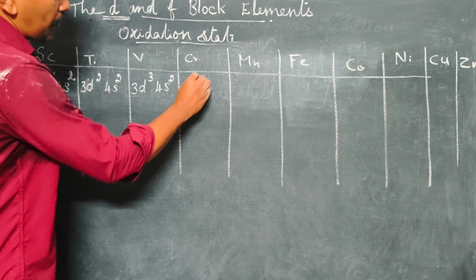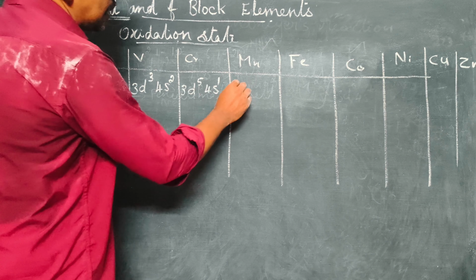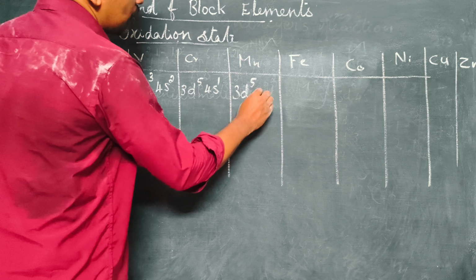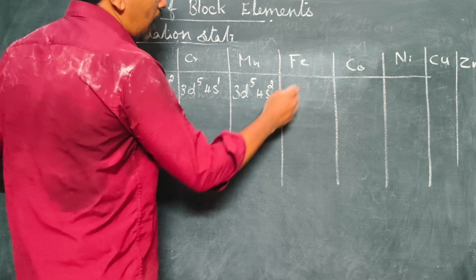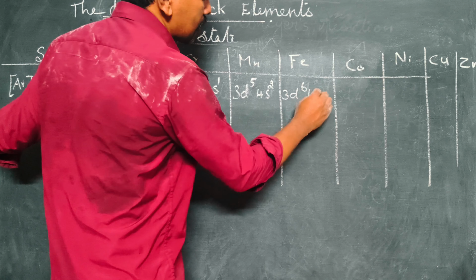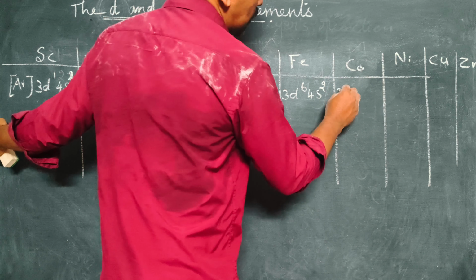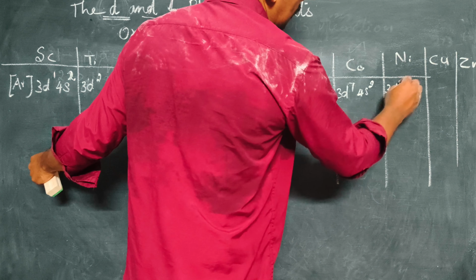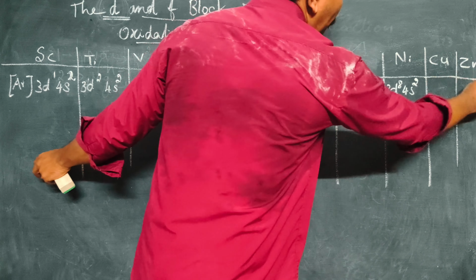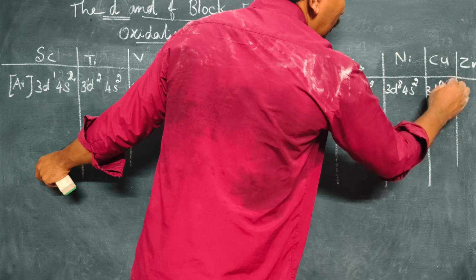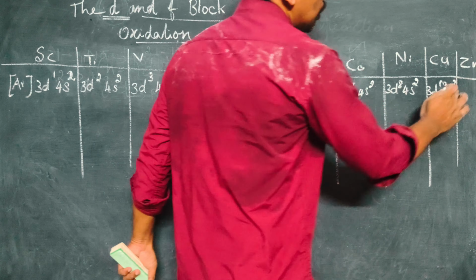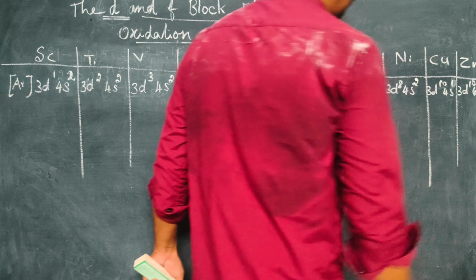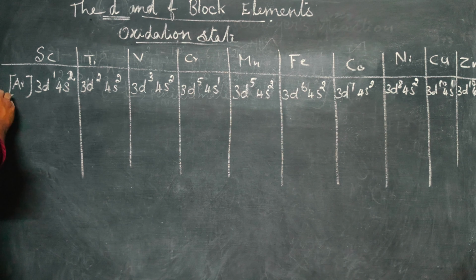Chromium: 3d5, 4s1. Manganese: 3d5, 4s2. Iron: 3d6, 4s2. Cobalt: 3d7, 4s2. Nickel: 3d8, 4s2. Copper: 3d10, 4s1. Zinc: 3d10, 4s2.